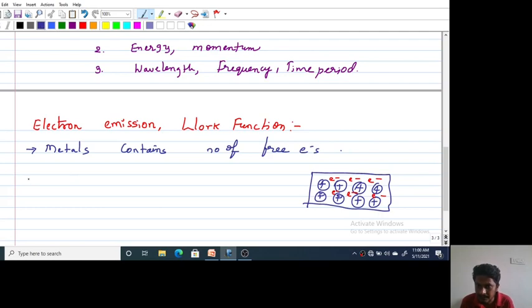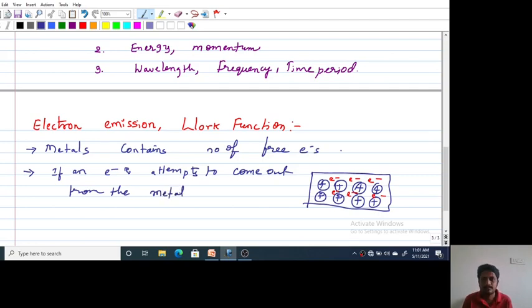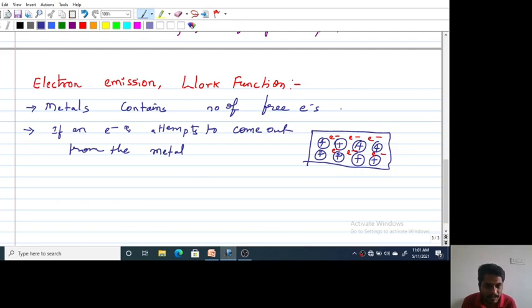If an electron attempts to come out from the metal surface, the metal becomes a positively charged body, and the electron is a negatively charged body.